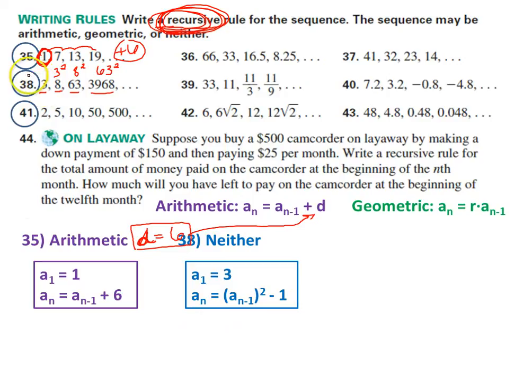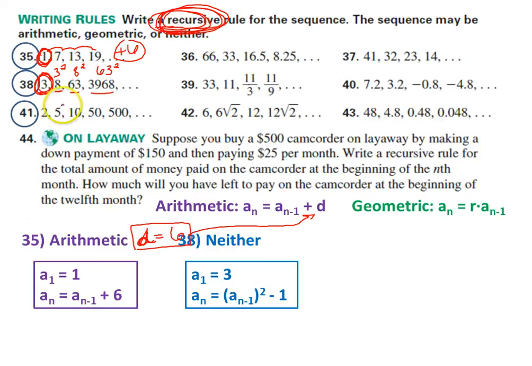So we start at 3. A sub 1 is 3. And then our pattern is we have to square the previous term, so a sub n minus 1 squared. You square the term beforehand and subtract 1. Okay, so if it's not arithmetic or geometric, you got to find the pattern and then fill in your a sub n.